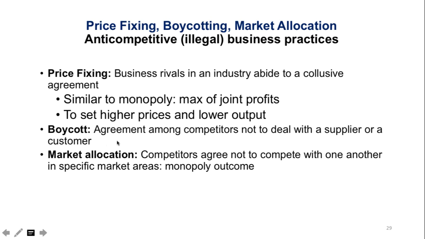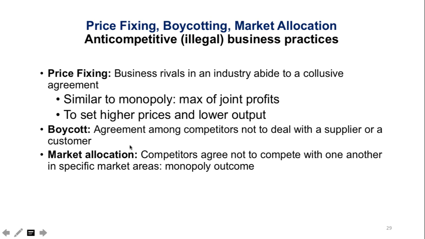If a competitor in the healthcare market, for example, doesn't accept a specific type of health insurance, individually that is not a problem. They have this choice.